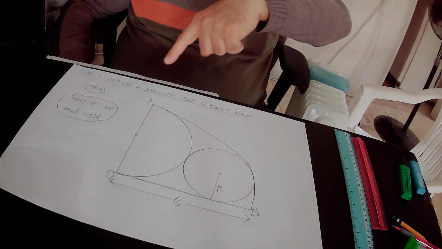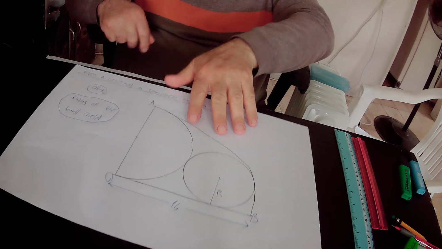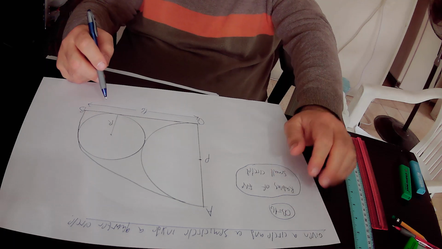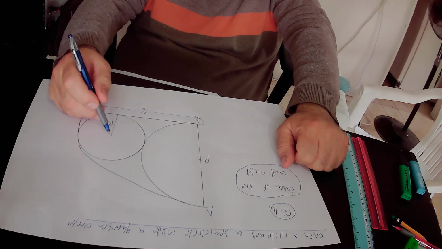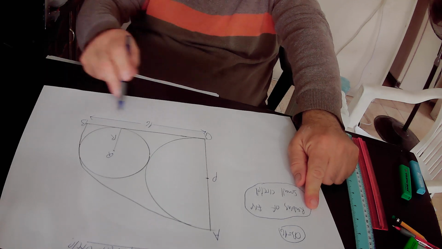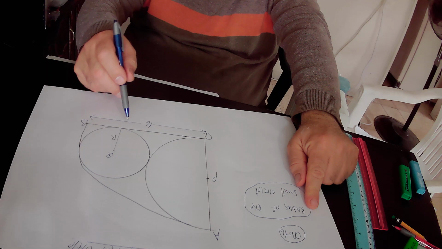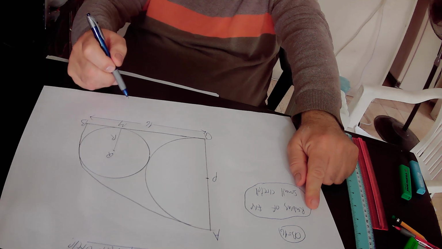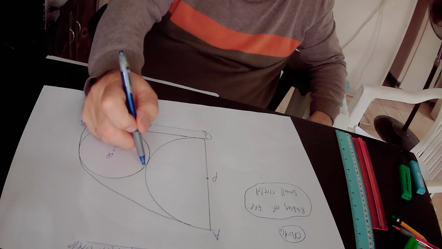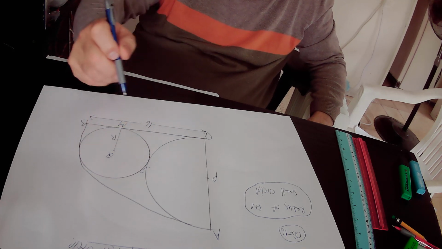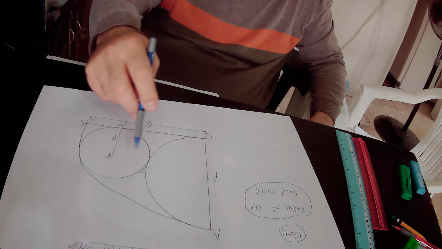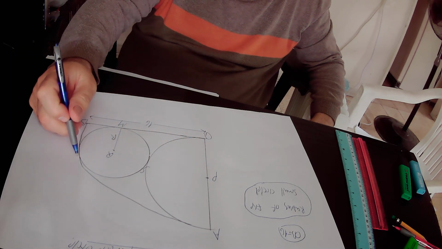We define the center of this semicircle, this point is point P. We will define the center of this small circle, this point is point Q. We will define the point of tangency of tangent OB with this small circle, this point is point M. We will define the point of tangency of this semicircle with this small circle, this point is point S. And finally, we will define the touching point of this small circle with the big quarter circle. This point is point T.